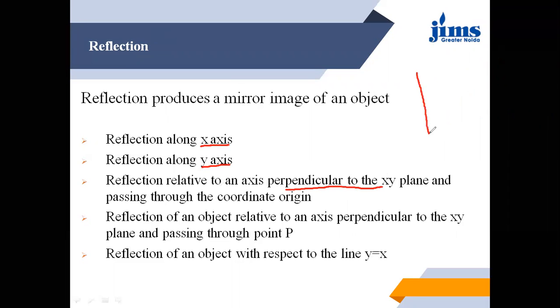As this is an object, we have to reflect it about an axis that is perpendicular to this plane. This is the x plane, this is the y plane.